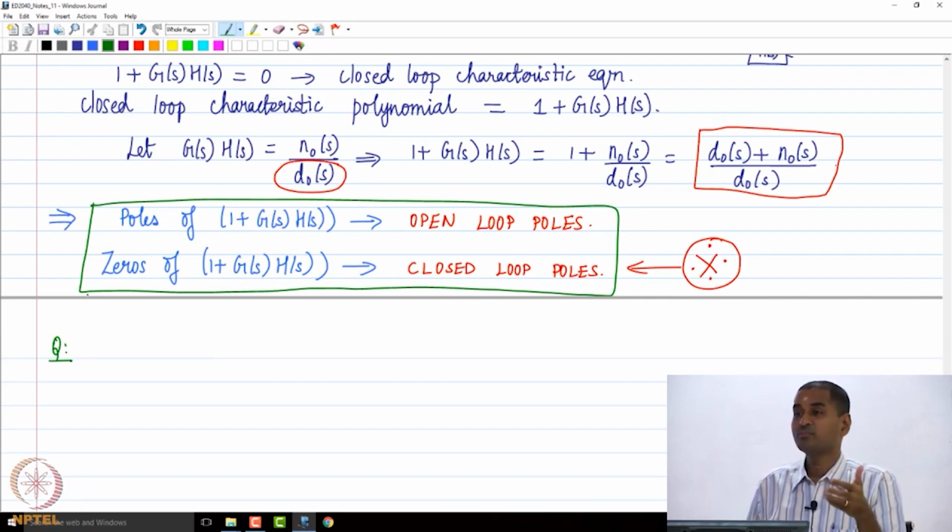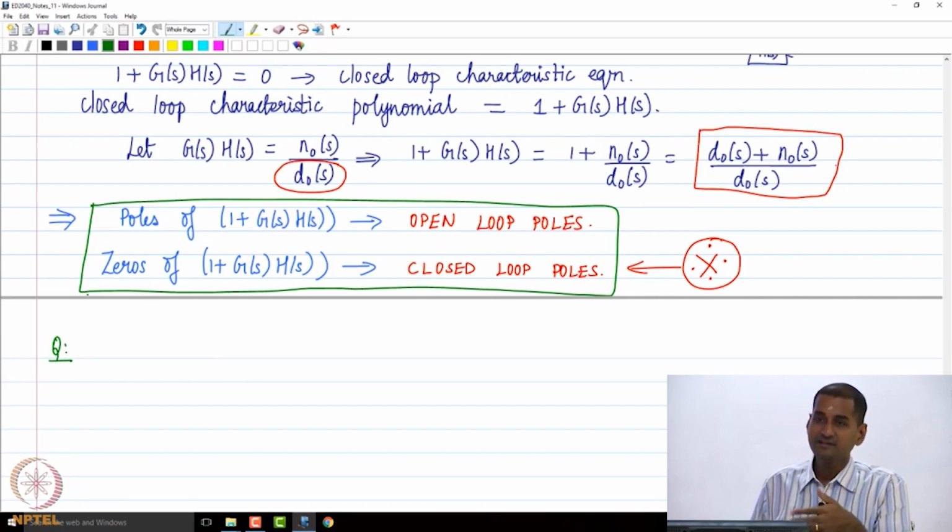Now, the question that we are going to ask ourselves, the answer to which would be provided by the Nyquist stability criteria, is the following.